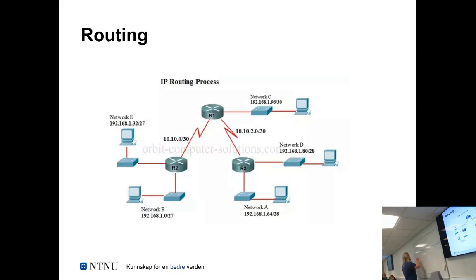The 27 is a bit mask telling you how much of this number, starting from this end of it, is being used to be the network and how much is local. Right? So if we have a look at the network mask, 27 is 1, 2, 3, 4, 5, 6, 7, 8, 9, 10, 11, 12, 13, 14, 15, 16, 17, 18, 19, 20, 21, 22, 23, 24, 25, 26, 27.